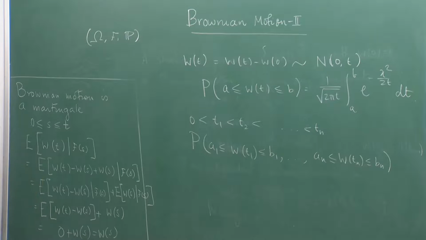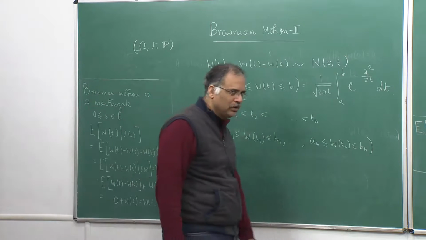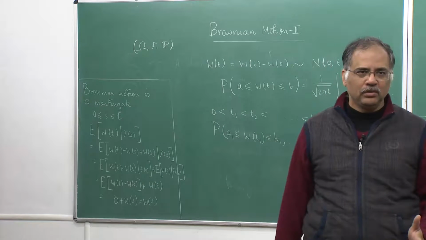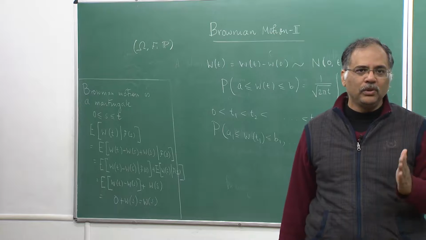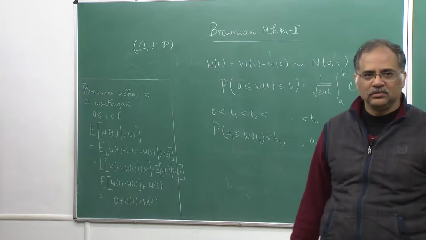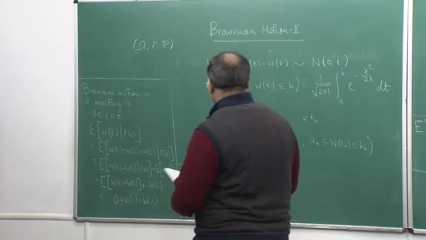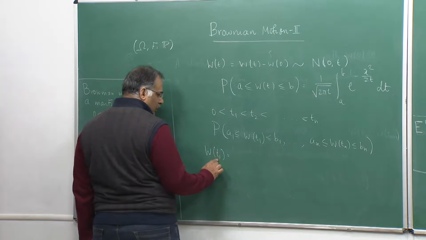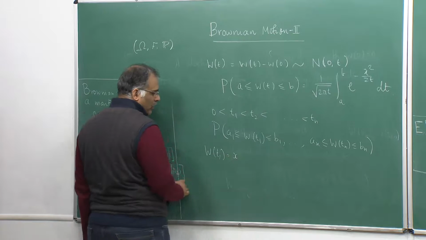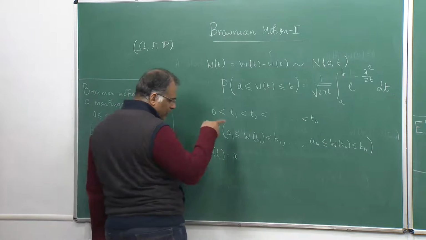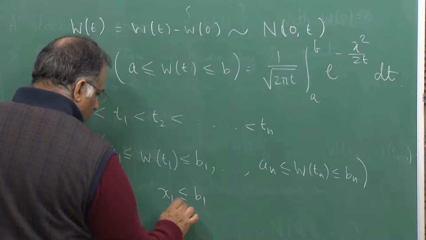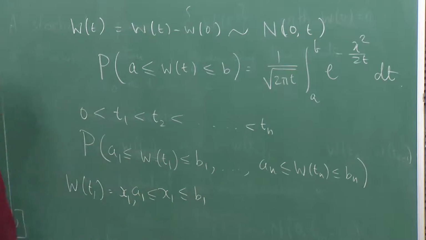Let us see. Now suppose you are given the information that under the given scenario omega, Wt1 of omega was x. So, suppose it is known to me that at t1 for the given scenario, W at time t1 was x1, lying between a1 and b1.